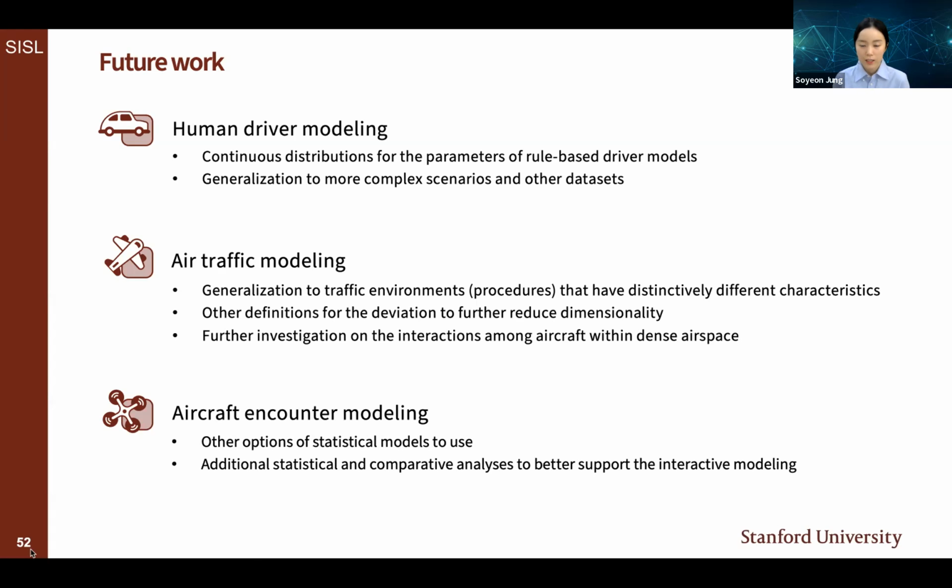For the aircraft encounter modeling, we can include other options of statistical models, which will potentially better represent the aircraft behavior. Also, we can improve the interactive modeling process by including additional statistical analysis on the generated outputs and adding some comparative analysis on previous models.